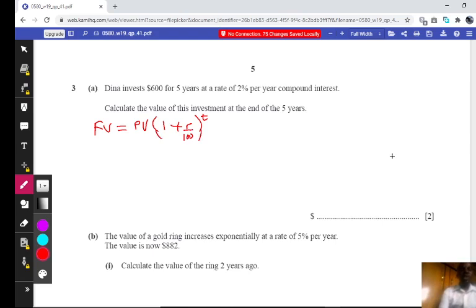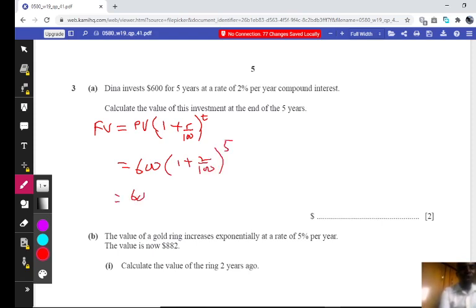Right, now let's work it out. We want the value of this investment after 5 years. So t is the time, the power. You substitute 600, that's the principal value, the amount invested, times 1 plus 2 over 100 to the power 5.